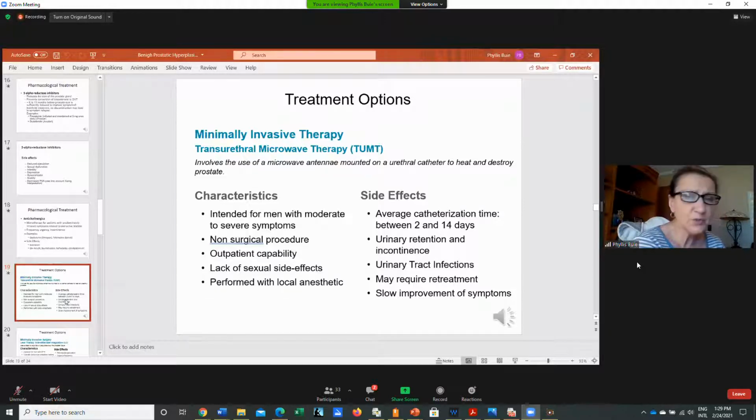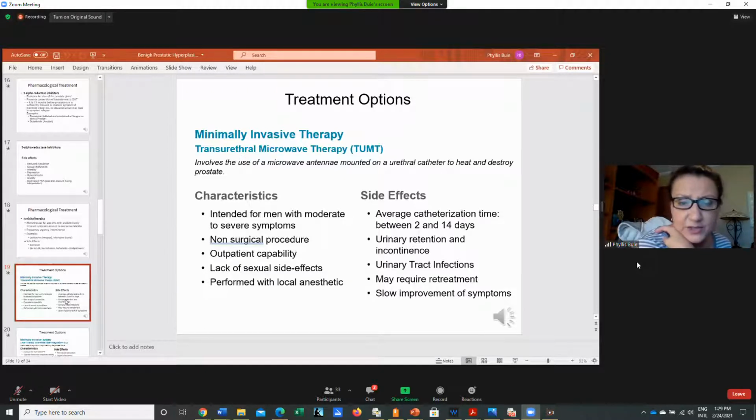So the high temperatures are what destroys the gland. It's usually used for moderate to severe symptoms. It is not considered a surgical procedure, so therefore it is a good option for somebody that might not be a surgical candidate.